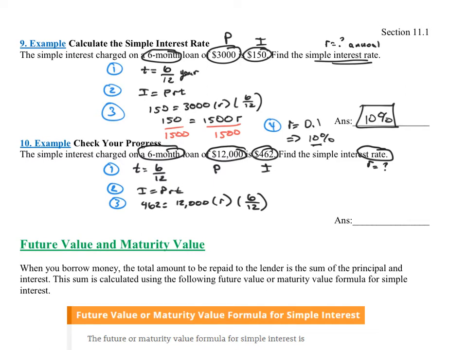I'm going to clean up the right-hand side by multiplying 12,000 times 6/12. When I do that, I end up with 462 equals 6,000 R. I'm going to divide both sides by 6,000. Again, this is going to give me a fraction or a decimal.